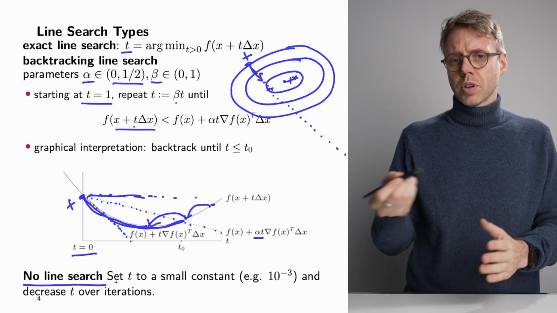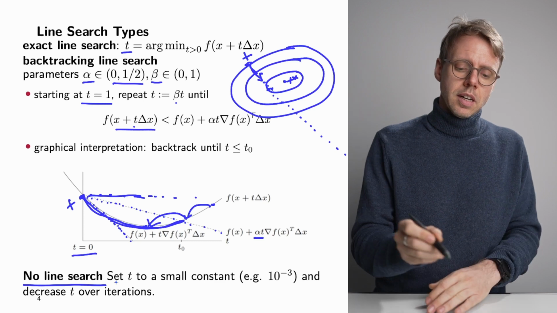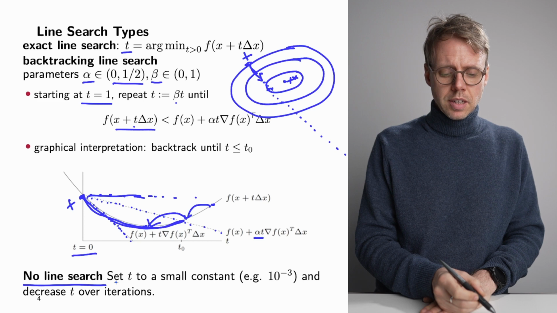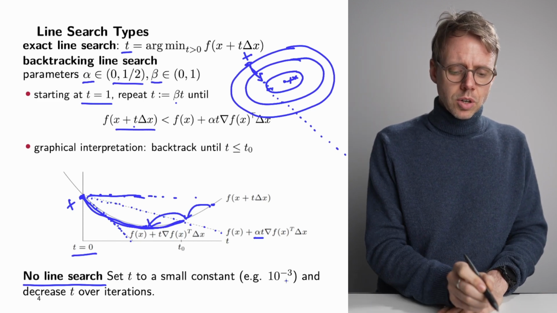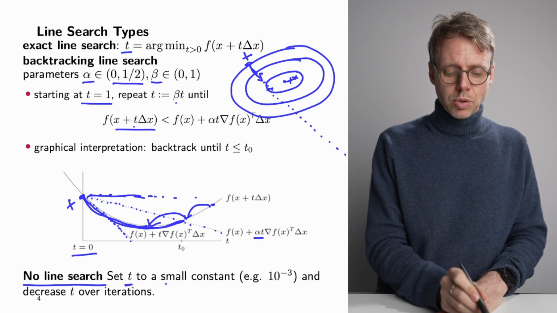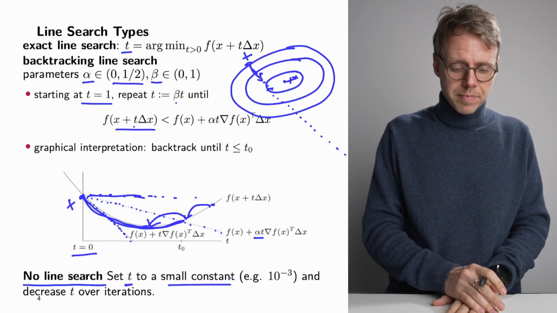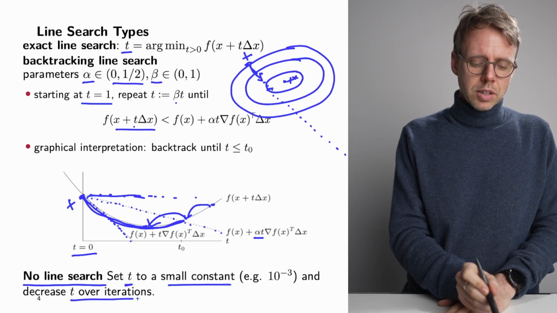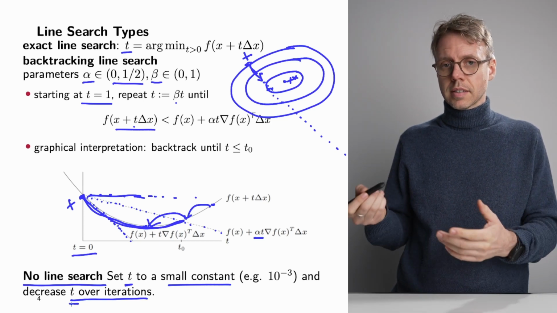In, for example, stochastic gradient descent, computing a gradient is cheap enough that you wouldn't want to do a line search in practice, and thus often just set t, the step size, to a very small constant, for example 10 to the minus 3, 10 to the minus 4, and as you iterate, you would decrease t over the next iterations.